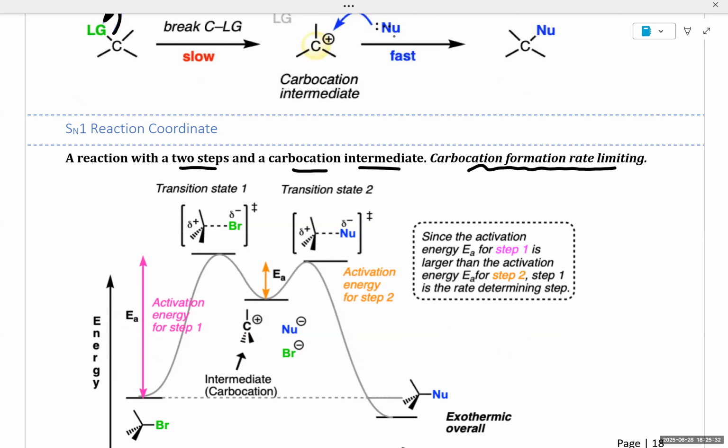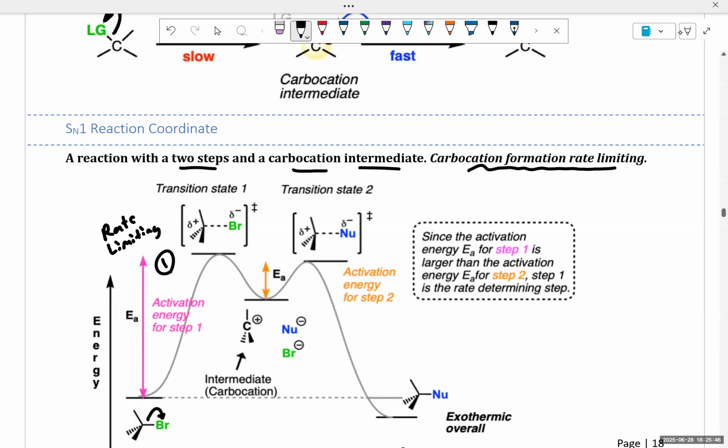So in the first step, we break the carbon-leaving group bond to make a carbocation. This is rate-limiting. And in the second step, your carbocation intermediate reacts with the nucleophile to form the carbon nucleophile bond.